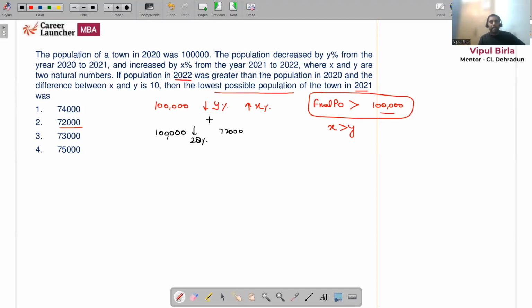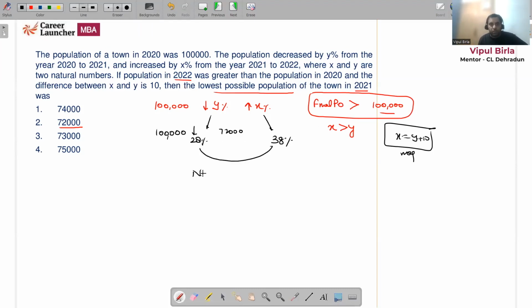So if y is 28, obviously x has to be 10 more in magnitude, therefore it has to be 38%. Now two ways: increase 38% from that and see whether it comes out more than 100,000 or not, or let's identify the net change.